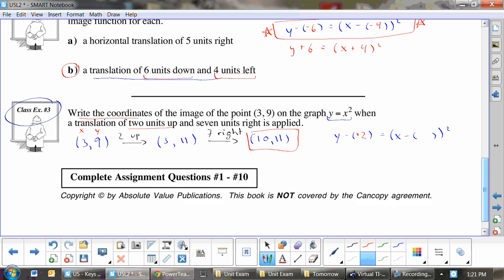Yep, plus 2. And then 7 units right. We got it. So then it'd be like y minus 2 is equal to x minus 7. And then it's always a good idea also to put it all on one side. Okay?